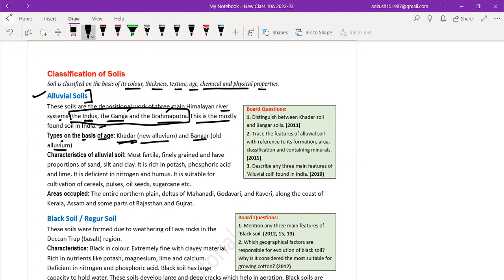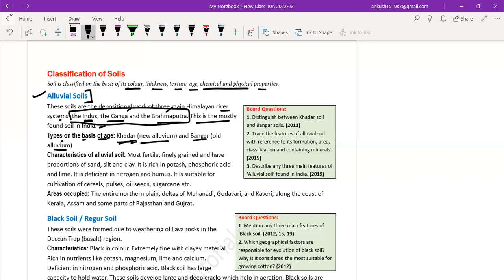Every year we see that these rivers flow with a lot of water, and they can turn that water into flood situations, and that flood water deposits material on other land, and that is why we say that Ganga, Indus, and Brahmaputra make alluvial soil in most of the proportion. Okay, sir. Thank you, sir.